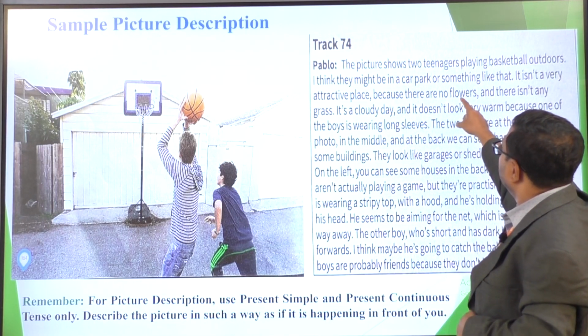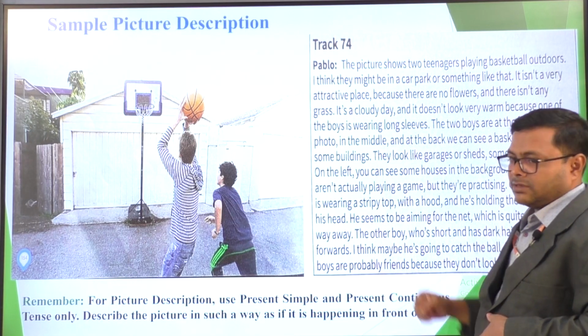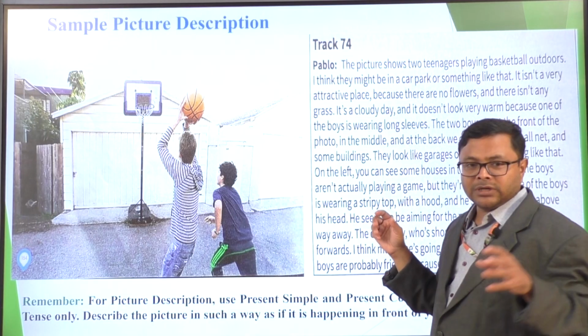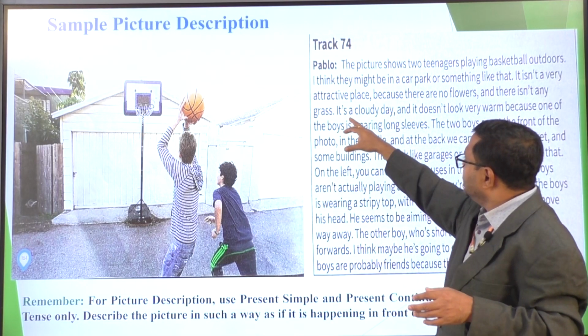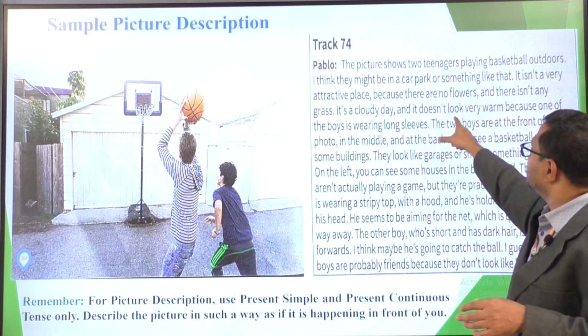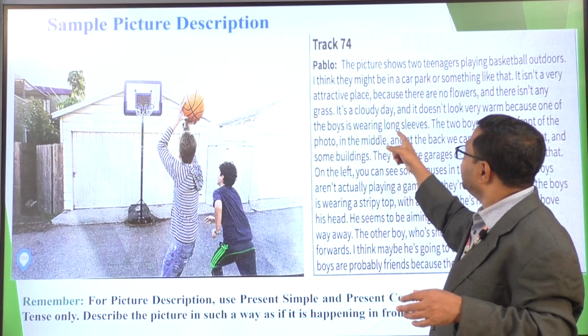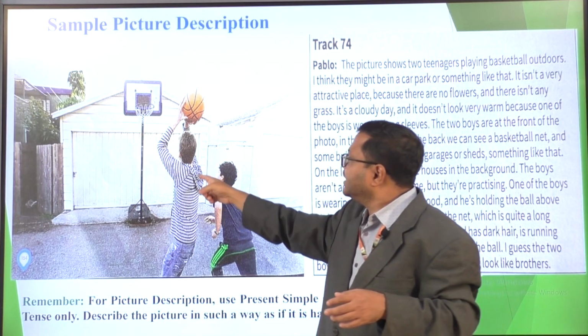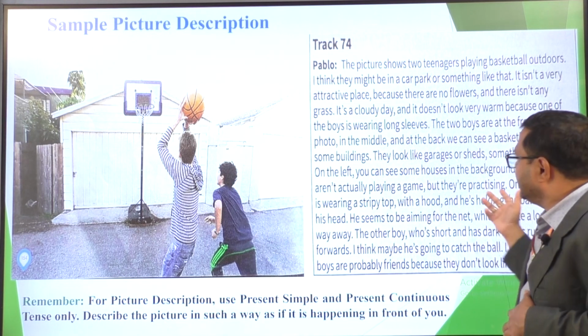There are no flowers and there is not any grass. So, therefore, it is not an attractive place, all concrete, you know. So, it is a cloudy day and it does not look very warm, because one of the boys is wearing a long sleeves hoodie. So, it is not so warm maybe.